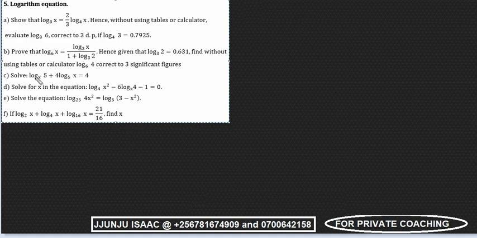Now part D says, solve for x in this equation. You can see that we are solving for x, but now the x is a base here, so get rid of that straight away. We have log base 4 of x squared minus 6 log base x of 4 minus 1 equal to 0.